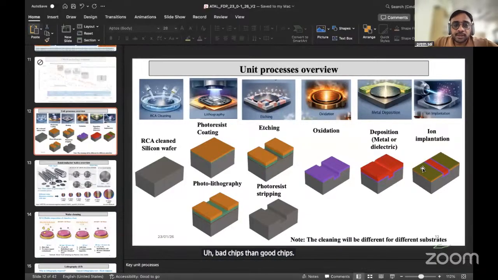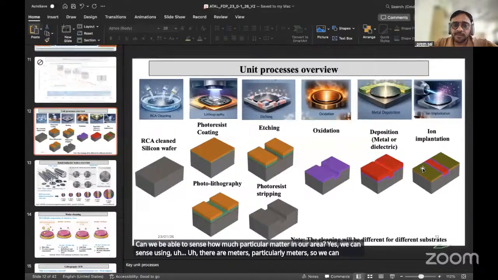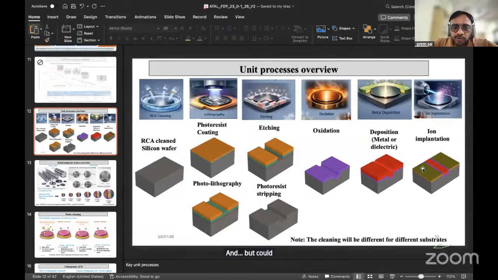So, can we sense how much particulate matter is in our area? Yes, we can sense it using particulate air meters. But could we control and purify emissions from vehicles and industry? Yes, we can control, but it is expensive.